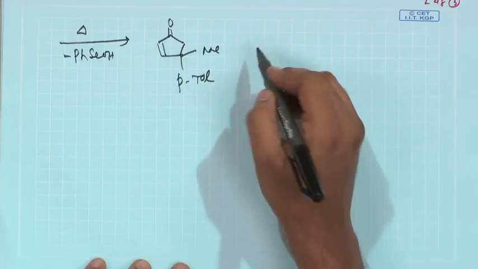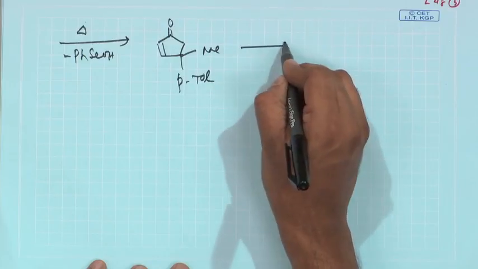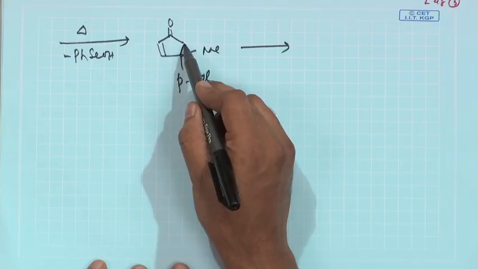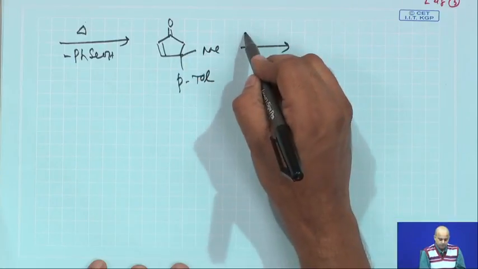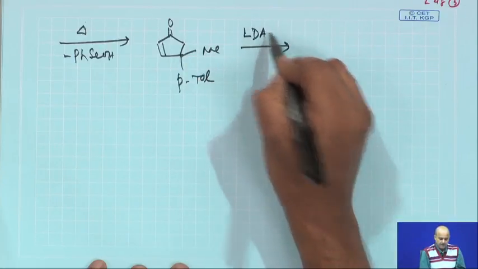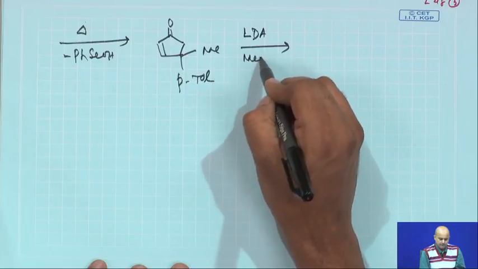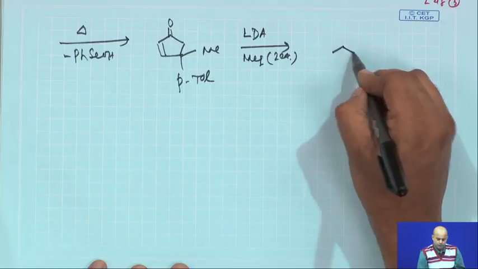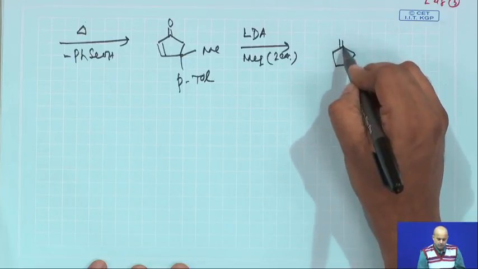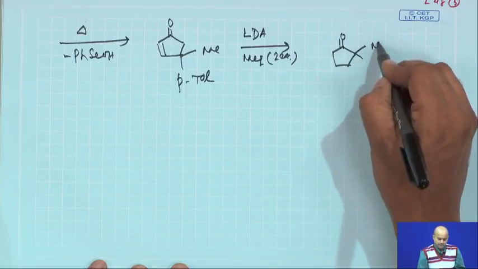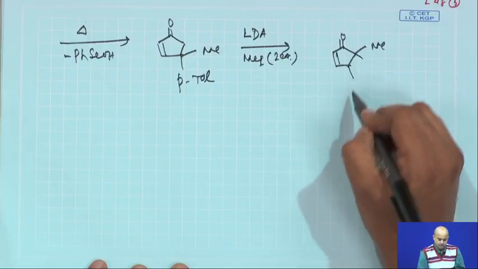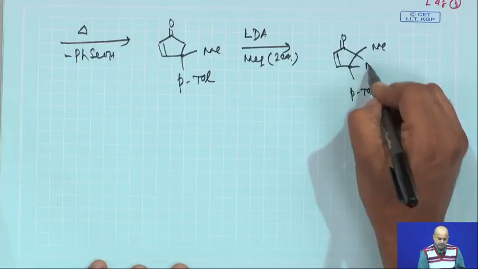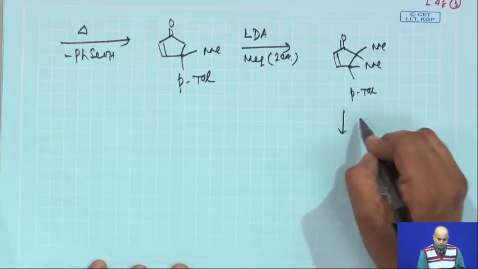Now, in this intermediate we have already discussed, you are having an alpha beta unsaturated carbonyl at one end, and you are having this methylene group still intact. So, now react with LDA, excess methyl iodide, 2 equivalent, to introduce the gem dimethyl group here. Your para-toluene and this methyl. So, you are almost close.